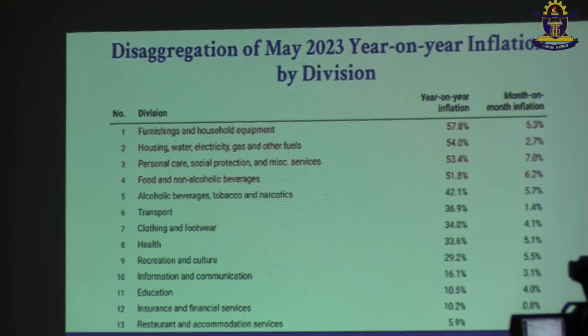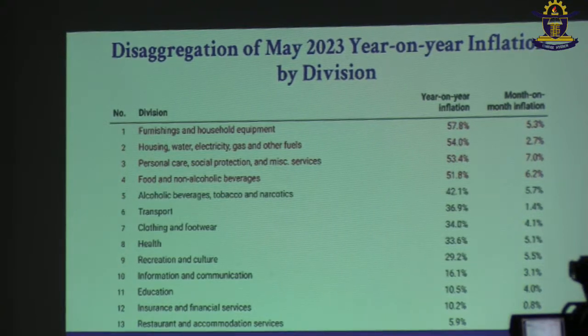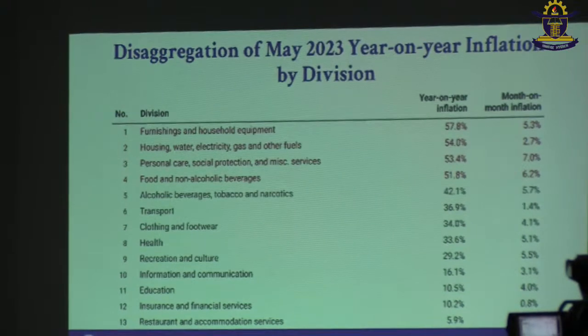Specifically, this was led by furnishing and household equipment, 57.8%, housing, water, electricity, and gas, 54.0%, personal care, social protection, 53.4%, and food and non-alcoholic beverages, 51.8%. All 4 divisions recorded rates of inflation higher than the national rate of inflation.